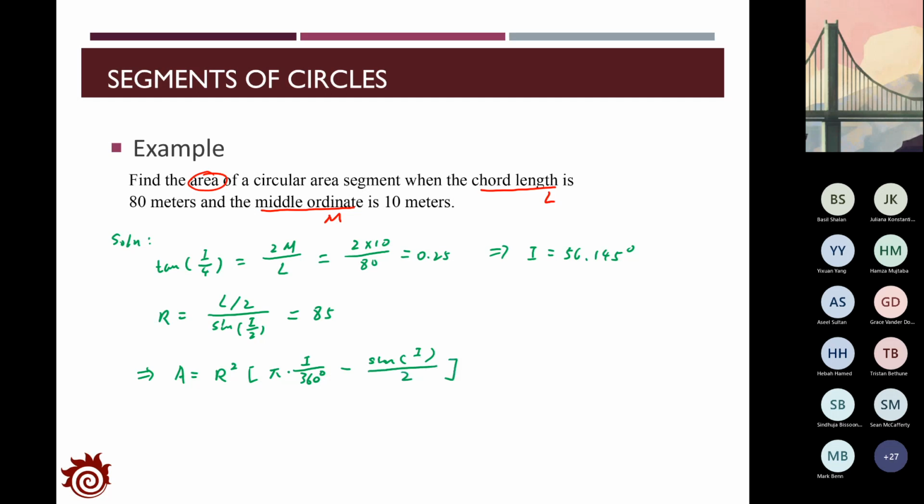You know the value of R, you also get the value of I, which will give you the area as 539.9 square meters. So that's the way for you to get the area under the curve, the circular area.